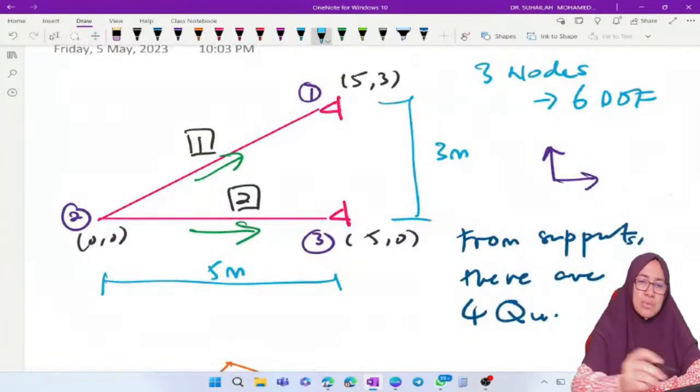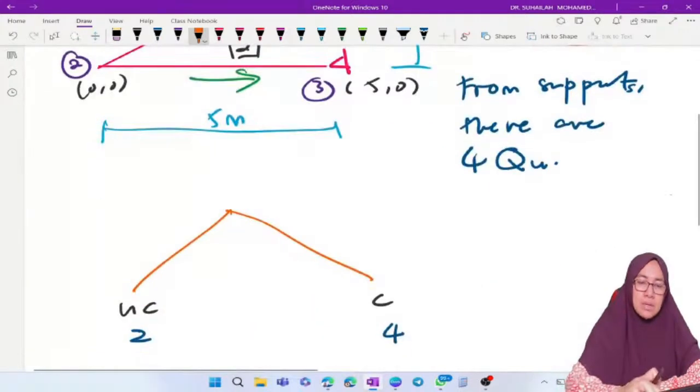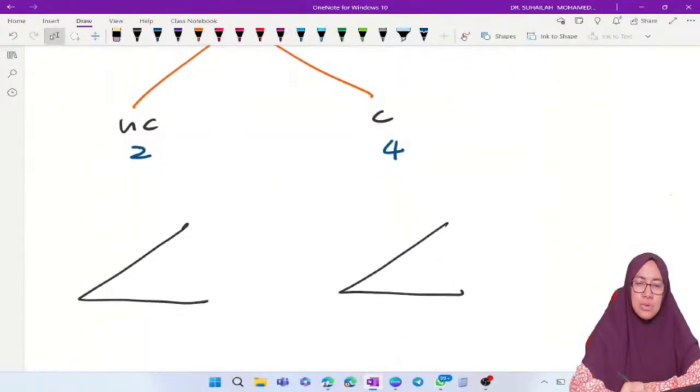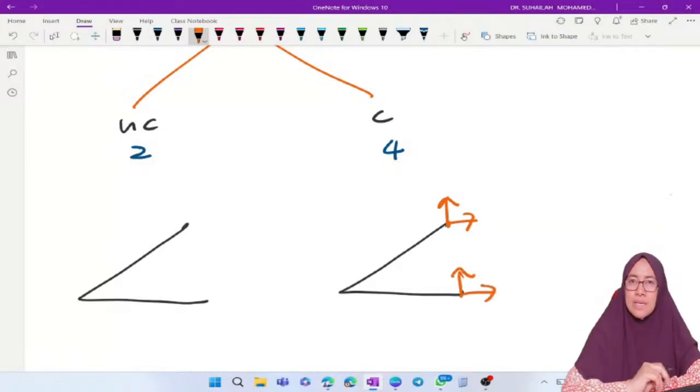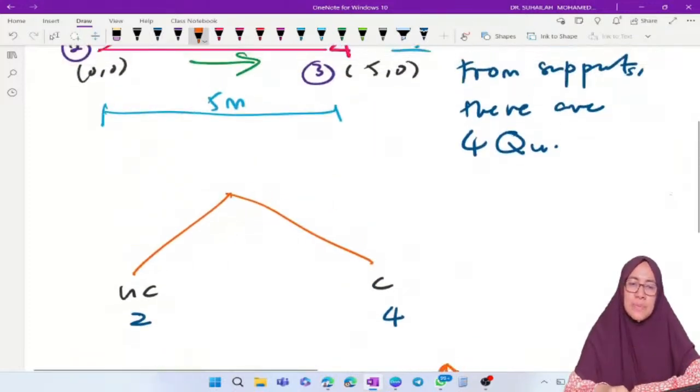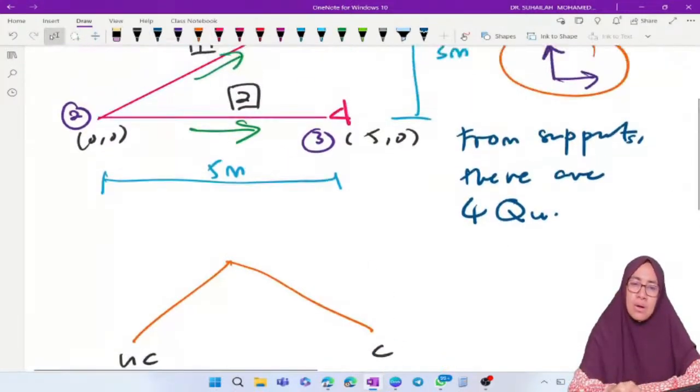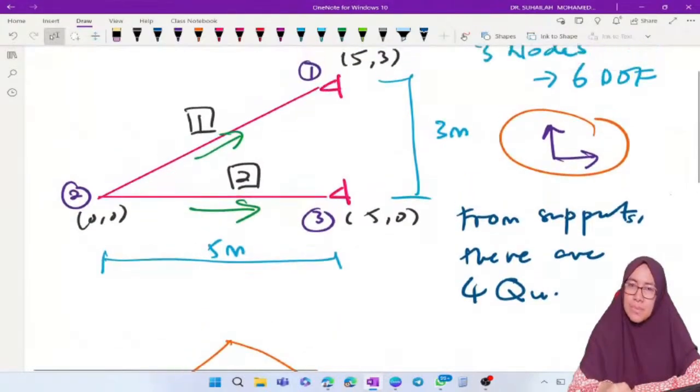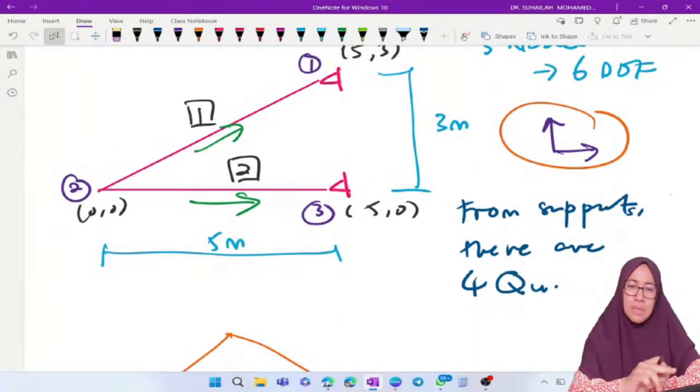Means we have to put 2 at node 1 and 2 at node 3. So this is equivalent to 4 unknown reactions in the constraint system, which is equivalent to the 4 unknown reactions based on the pin support.